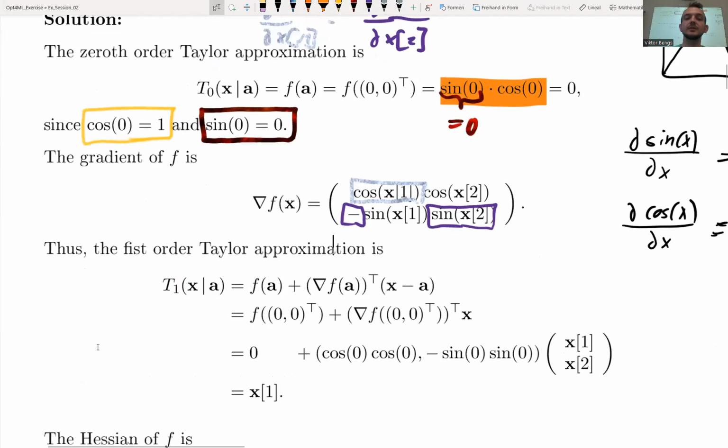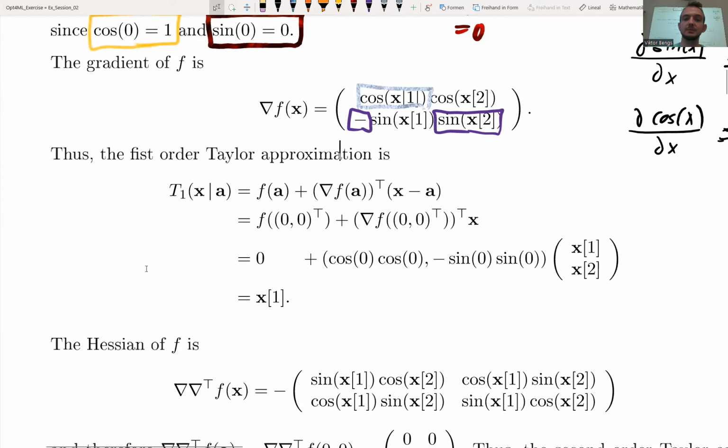We plug it into the first order Taylor approximation. We recall again the formula for the Taylor approximation. So zeroth order Taylor approximation plus inner product of the gradients evaluated at the approximation point times x minus a. Plugging in what the a is, the 0 vector. So here at the end, this a is of course not relevant.